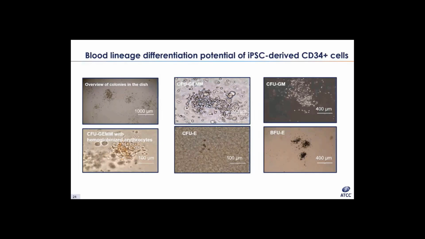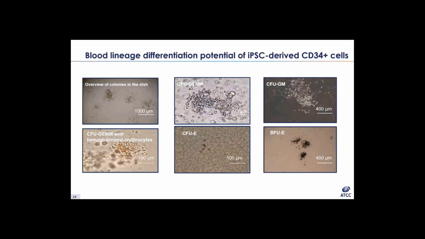The micrograph on the top left corner is the CD34 positive colony seeded at 15K. Top middle is CFU-GEMM, which generates the myeloid cells. Top right is CFU-GM, which are precursors to monoblasts and myoblasts and are derived from the CFU-GEMM.